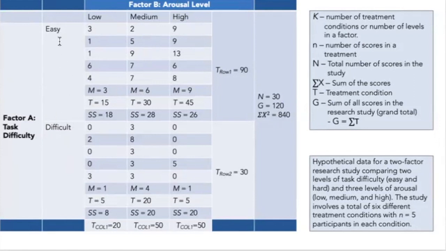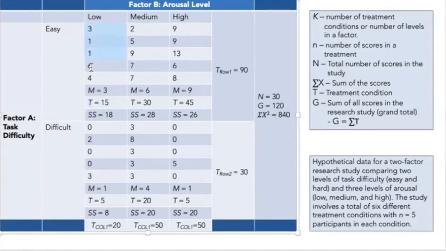Now, if you go through the scores here, for low arousal, easy condition, you have a mean of 3. For medium arousal and easy condition, you have a mean of 6. And likewise, you can see the mean fluctuates. And then here you have T. T actually stands for the treatment condition total.